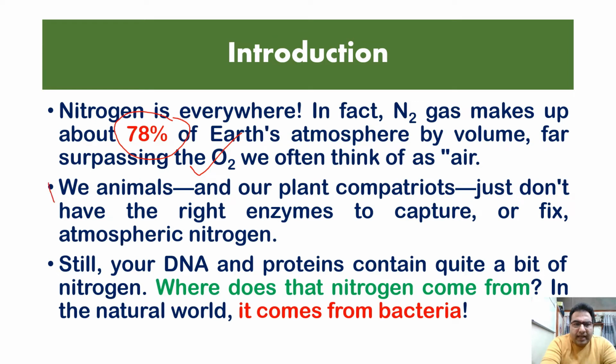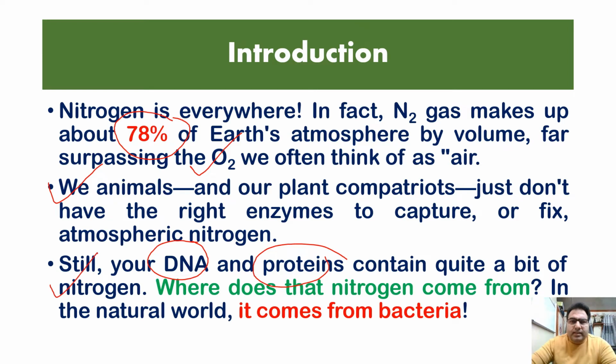We animals and our plants don't have the right enzymes to capture or fix the atmospheric nitrogen. Animals and plants don't have any such enzyme which can fix the nitrogen present in the atmosphere. But even then, our DNA and protein contain quite a bit of nitrogen, and our body has nitrogen.